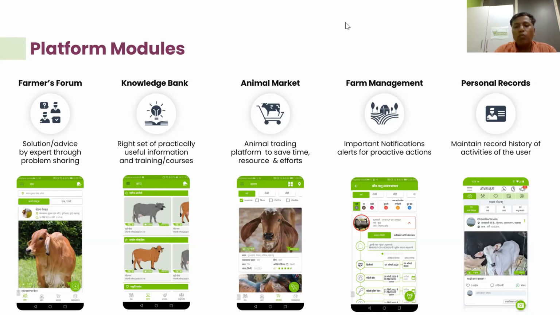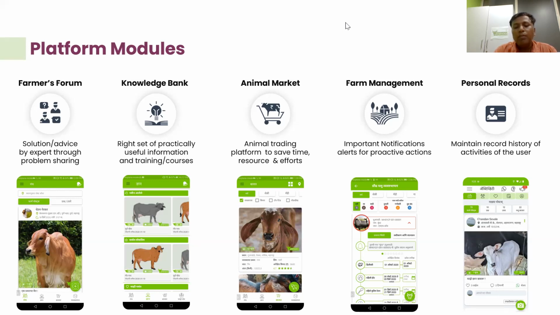But here, what we have done is we have given them open access to the platform. They can upload their animal and also see which animals are going to be sold in the nearby area. Here, the faith factor in the market was very less.